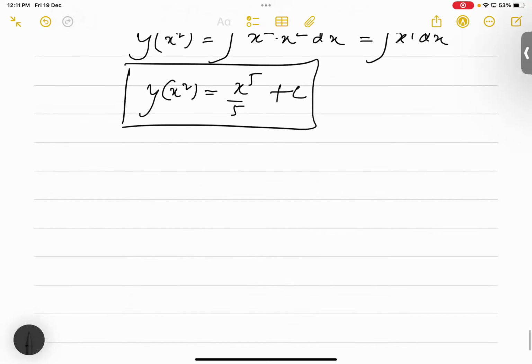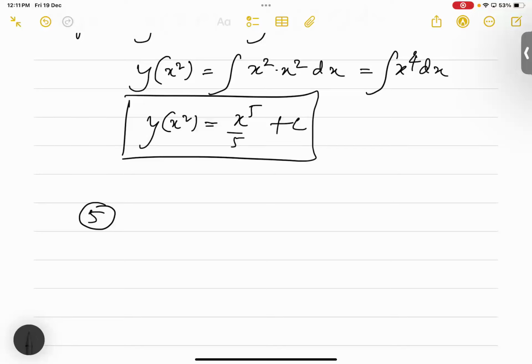See, question number 5 is this, page number 173. y dx minus x dy is equal to minus x minus log x dx. This is question number 5 from both the textbooks, like some old, some new.